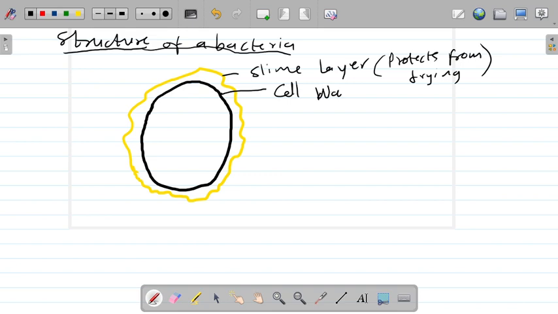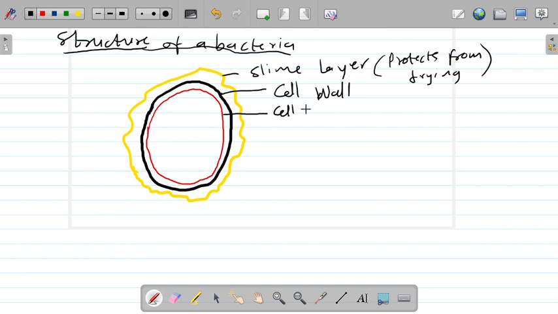We all know the cell wall is used to protect the whole cell. So it has a cell wall, and then after a cell wall, it will have a cell membrane. So there's many layers of, let's use a different color for this one. Let's say this is the cell membrane. Step by step, we will get there.